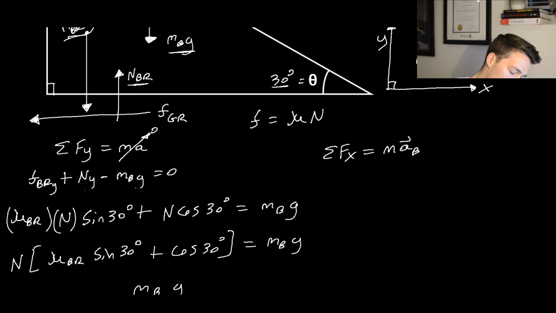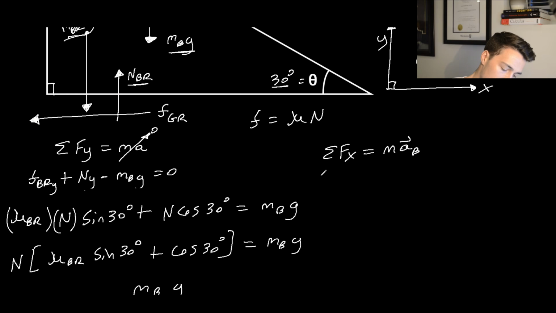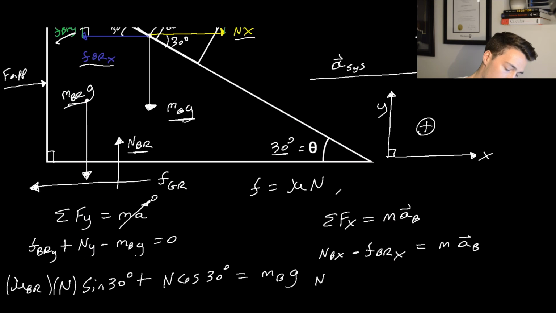But we're going to get the sum of the forces in the x direction. That's going to be the normal force in the x direction and the force of friction in the x direction, and I believe that's it. So we're going to write N_x minus F_BR, the force of friction from the block to the ramp in the x direction, equal to mass times acceleration. Here, the normal force times, if we look back up, sine of 30.